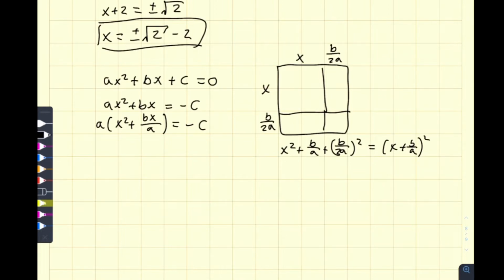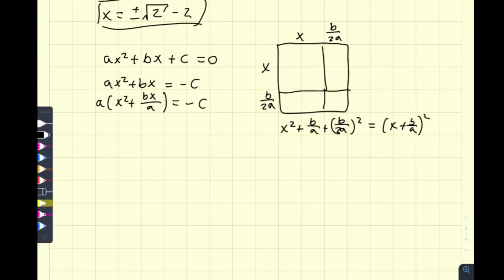But we also need to remember when we add this to here, we also have to add it to here, or at least subtract it from here. So let's add it to both sides. So this would be a times x squared plus bx over a plus b over 2a squared.